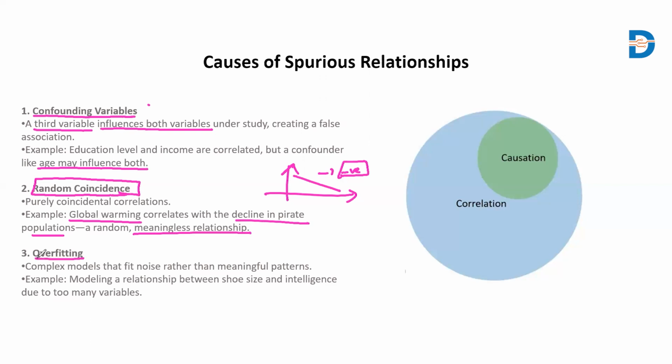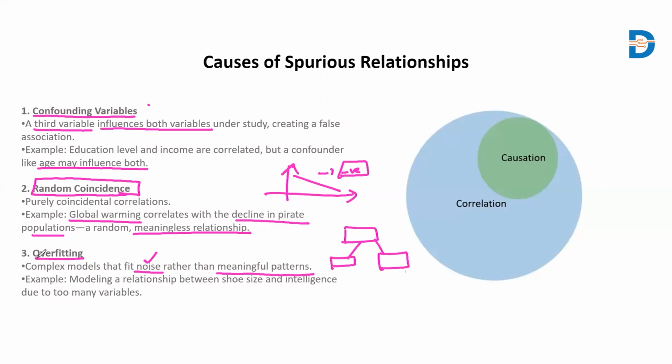Next is overfitting. When we are making a model to learn, it should learn based on the meaningful patterns in the data. But with noise and complex data, the model may fit the noise rather than the meaningful patterns. Instead of building the model by understanding the patterns, it makes use of this noise.